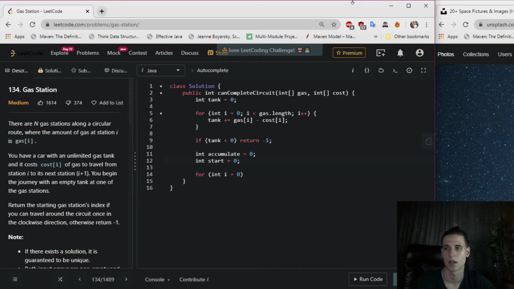Start means the current gas station, the position of the gas station. I is less than gas length or just cost length, there is no difference, I++.